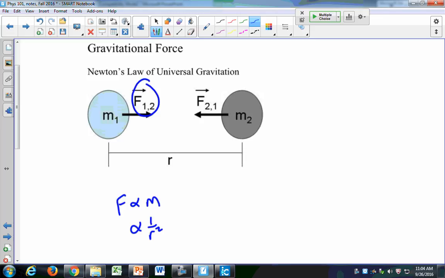Isn't that cool? Anyway, so he determined this law of universal gravitation, and he found that the force between two objects of mass is equal to G times M1 times M2 over R squared. G here is the gravitational constant.